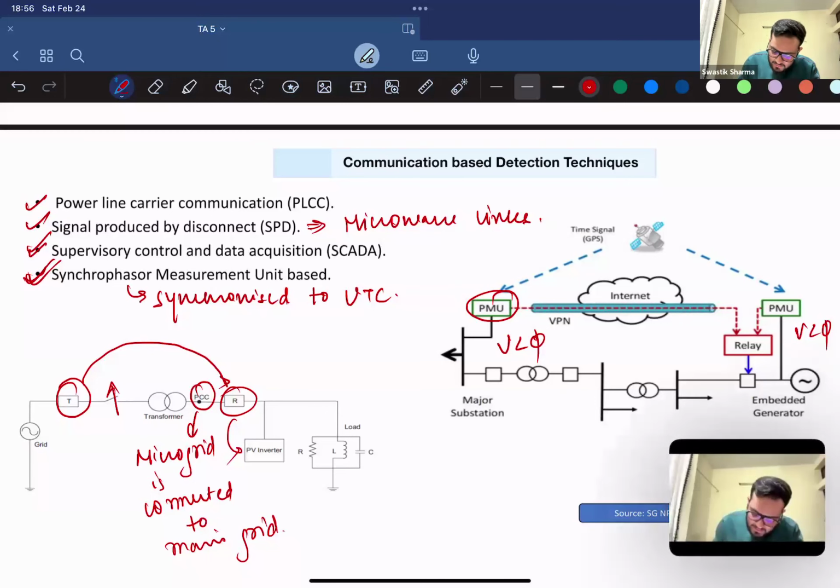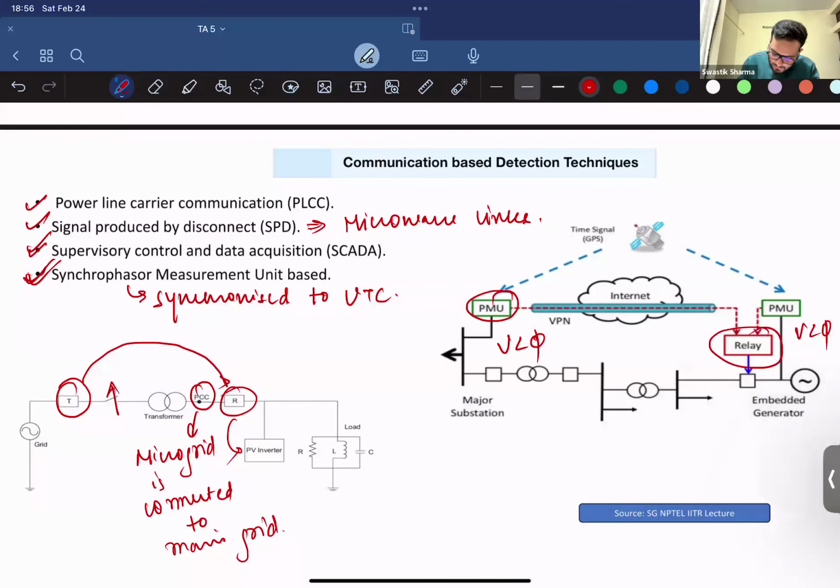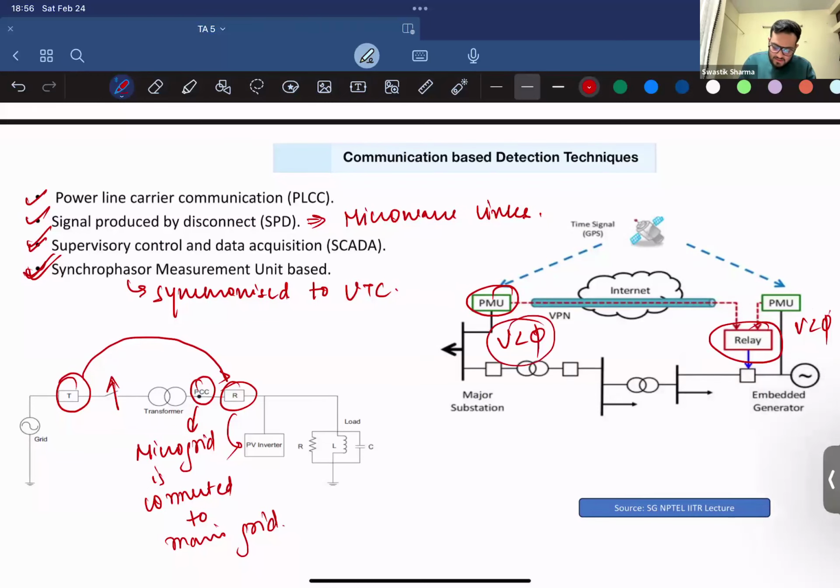These convey this data to this relay as well, and this relay can monitor the changes in these two different quantities. This quantity will obviously be different when islanding occurs, right? Once it identifies that these two quantities have changed drastically, it will open the circuit by engaging the relay, right?